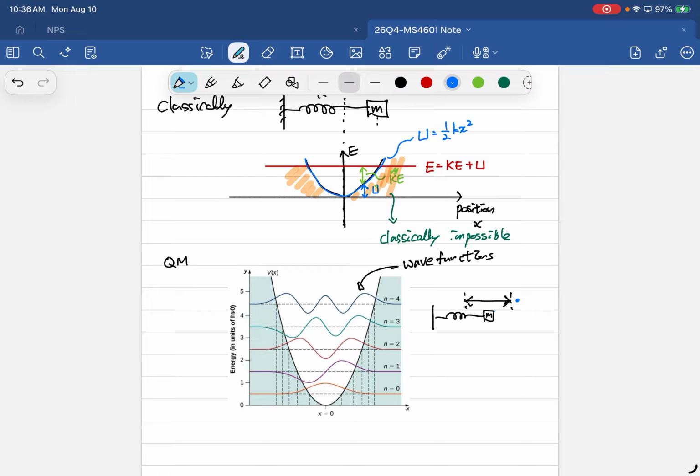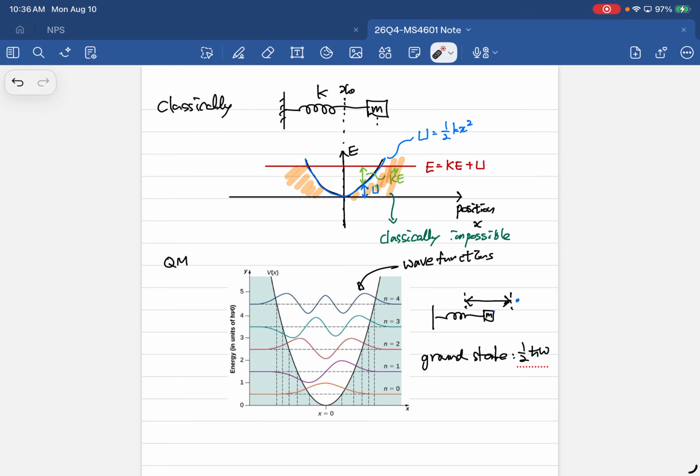Okay, and in this case, again, the ground state energy, the lowest energy, is 1/2 h bar omega. In this case, classically it can reach 0 potential energy, but here the ground state energy has to be some value, 1/2 h bar omega.